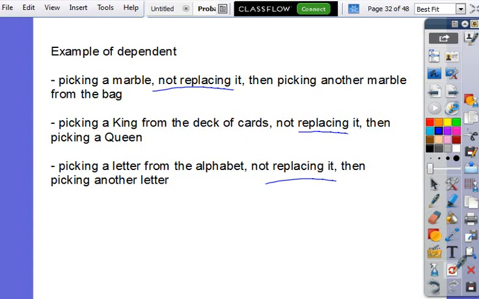Think about the cards. If I pick a king the first time, how many cards do I have in the deck? 52. If I don't replace that card, the next time I pick, how many do I have? 51 instead of 52. So that changes what we had. That's what the dependent ones look like.